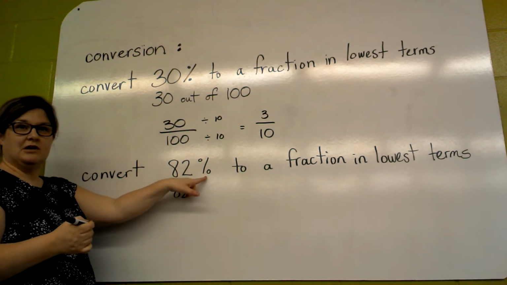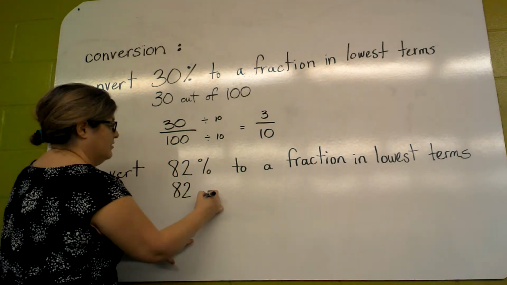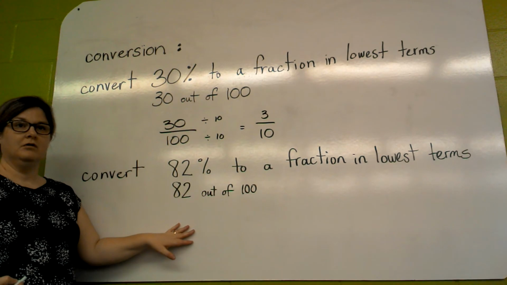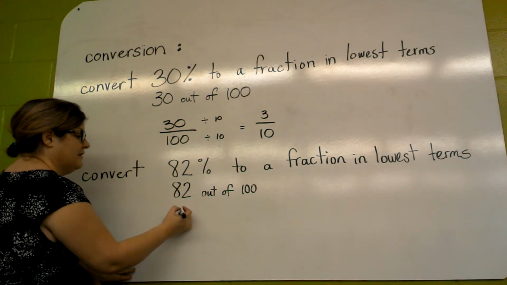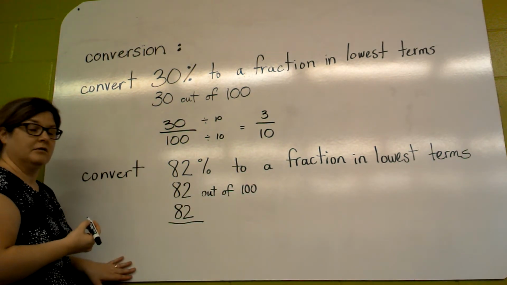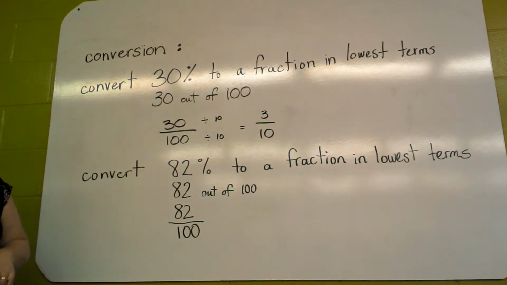The percentage sign, turn it into words. Out of 100. Next step, I therefore have 82 out of 100. That looks familiar to all of us.